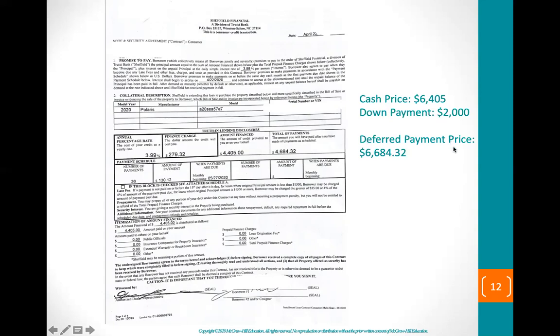Your deferred payment price is the total of your payments plus your down payment, or $6,684.32. I just want to show you an example of what this looks like so that you can see and understand when you're signing documents. If you're buying, in this example, a four-wheeler, or if you bought a vehicle, you would see and understand what each of these is in relation to what we've discussed in the chapter.